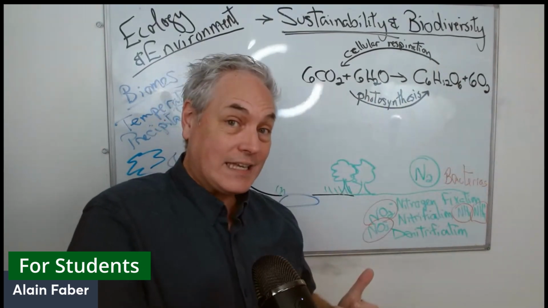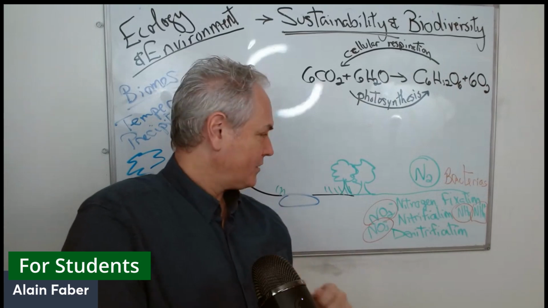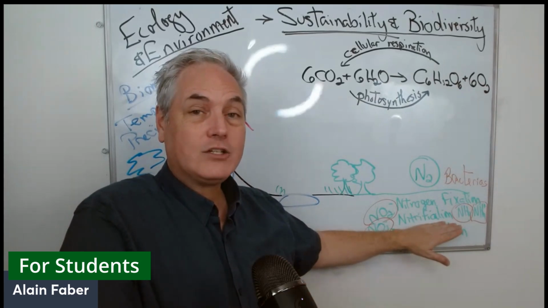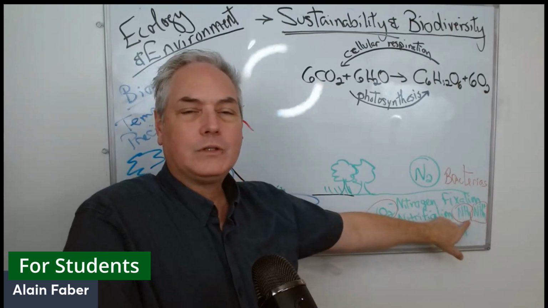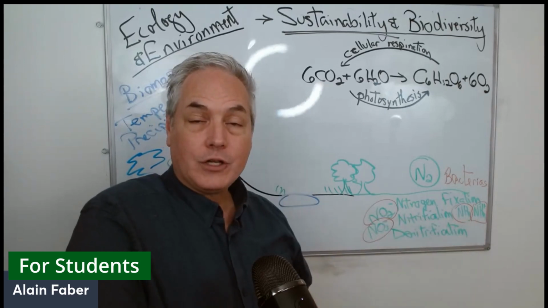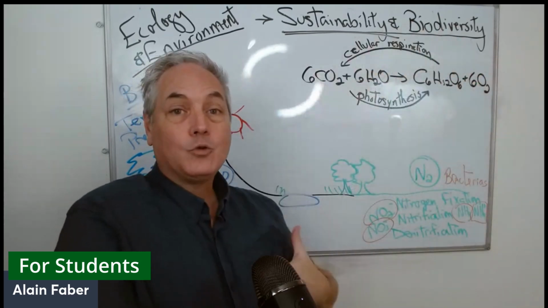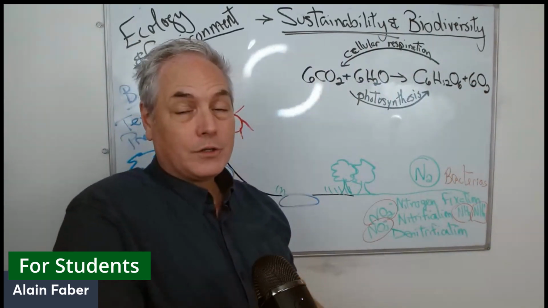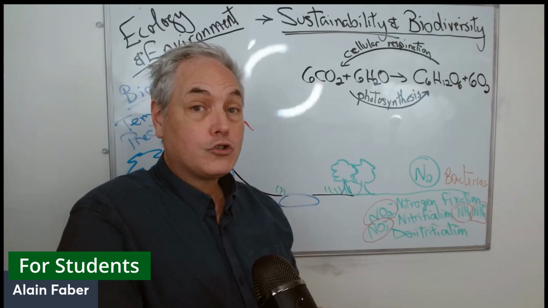Now there's another set of bacteria that would do what we call nitrification. Nitrification bacteria will take ammoniac and ammonium and, through their metabolism, create nitrites and nitrates. And these are important because nitrites and nitrates are water soluble.